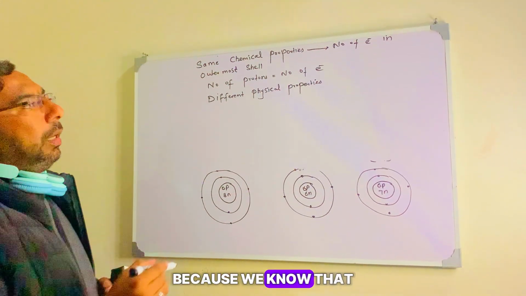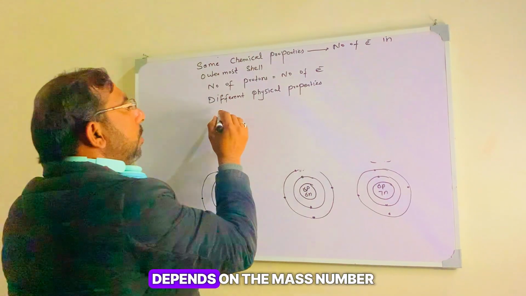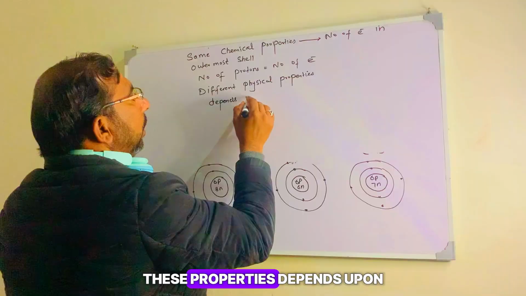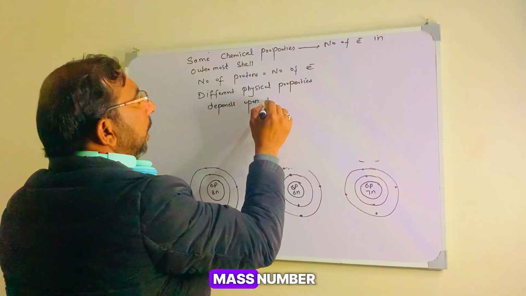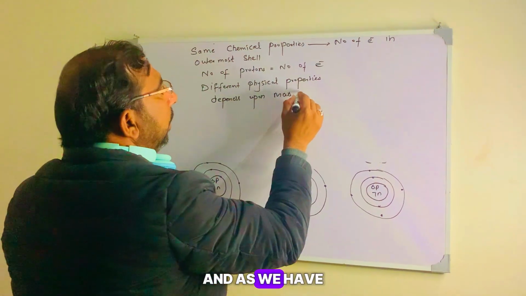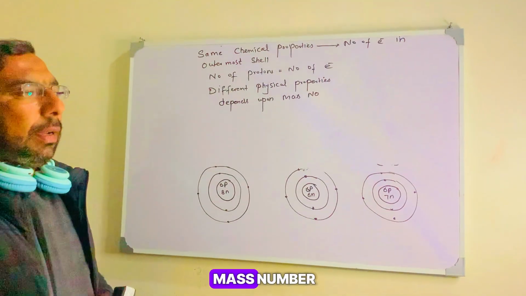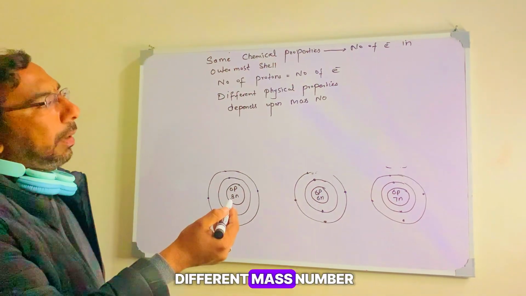Because we know that physical properties depend on the mass number. And as we have already learned, isotopes have different mass numbers. Why do they have different mass numbers?